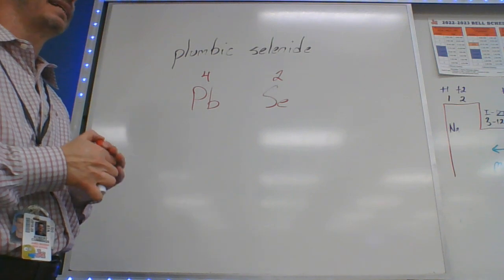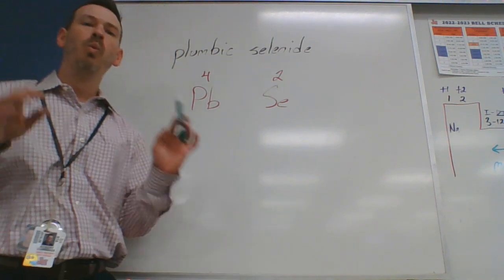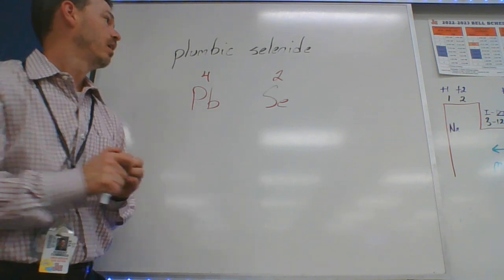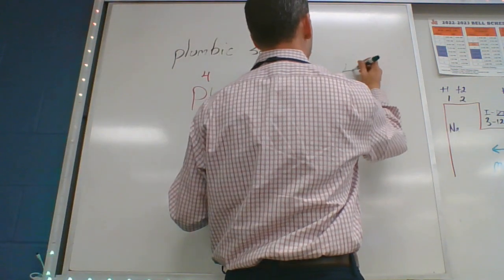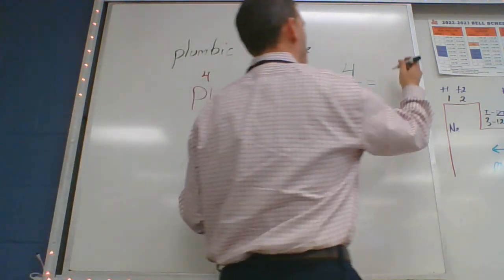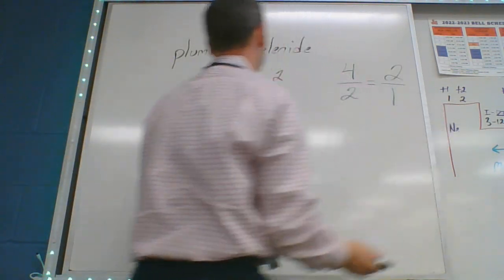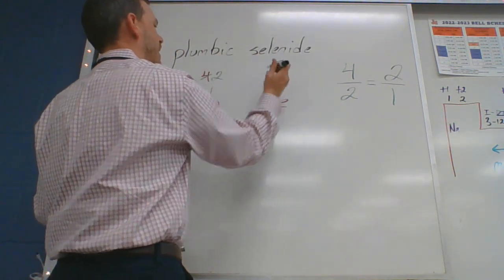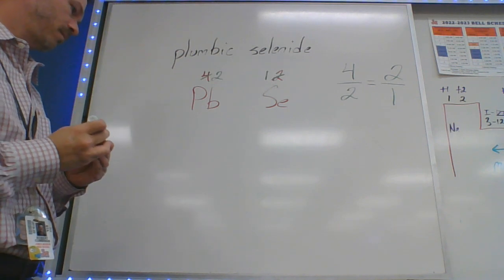Y'all, look at those oxidation states. What do we need to do before we cross? Reduce them, right? It's a 4-to-2 ratio, which reduces to a what? A 2-to-1 ratio. So don't cross the 4 and the 2. You cross a 2 and a 1.